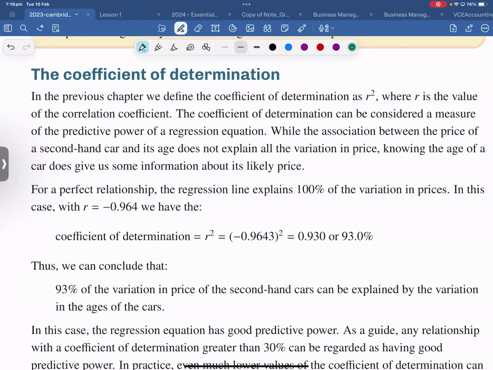Or tell me another one. Explanatory and the response variable. Yeah. Good. Alright, guys. Then that's the correlation coefficient, right? R, which ranges from -1 to +1, and then R square, guys.